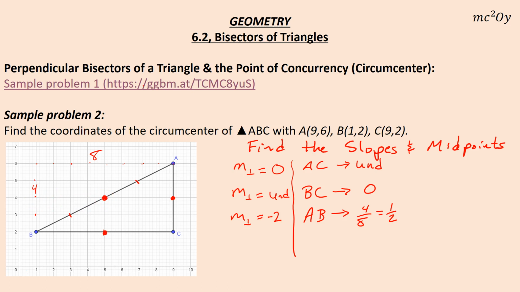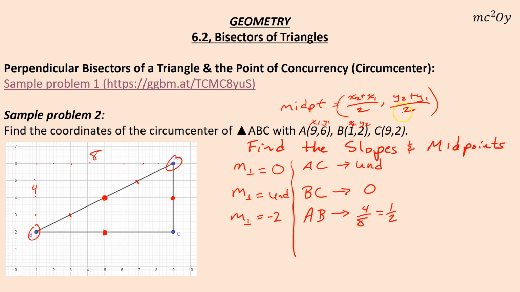You could also use the midpoint formula if you need to. Remember, the midpoint formula is equal to x2 plus x1 over 2 and y2 plus y1 over 2. Might be helpful if you don't have as nice of a figure there. And in this case, if we were using A and B, you'd have x1 and y1 and x2 and y2.